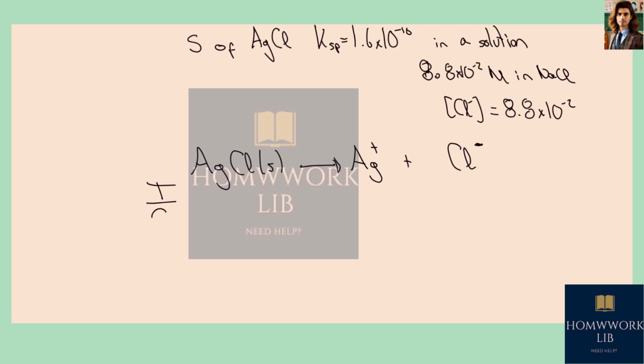We're going to write down an ice table equivalent for this task. In this case, a certain amount equal to the solubility is going to dissolve, and initially we're going to have 0 silver plus and 8.8 times 10 to the minus 2 in the concentration of Cl minus. Thus, the amount of change would be equal to the solubility of the compound.